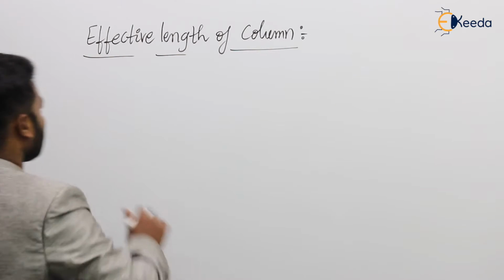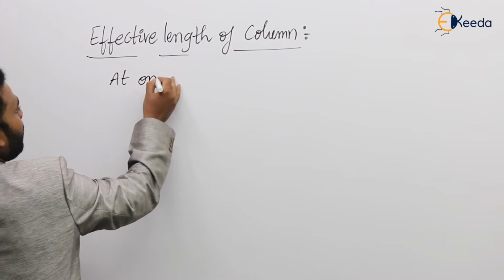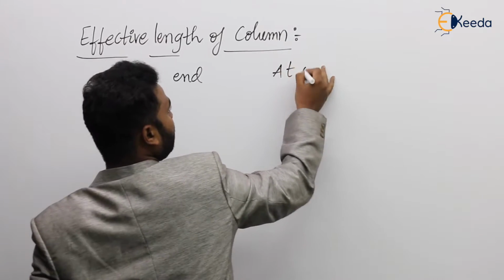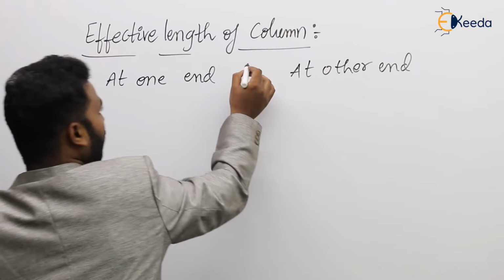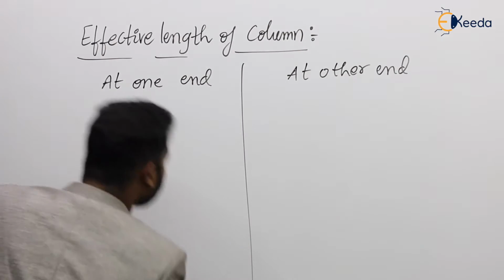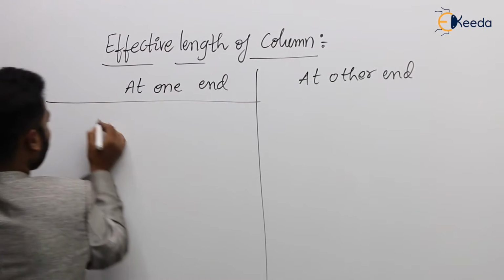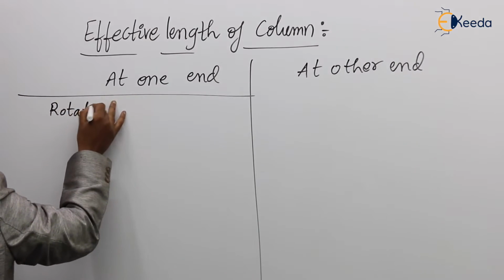First, write a column, at one end and at the other end. So for a column we'll have two ends. Agree or not? At this end there happens rotation and translation.